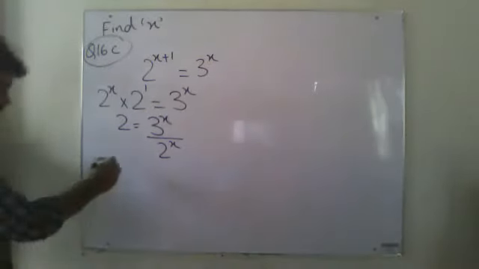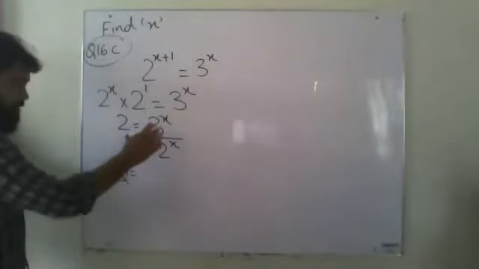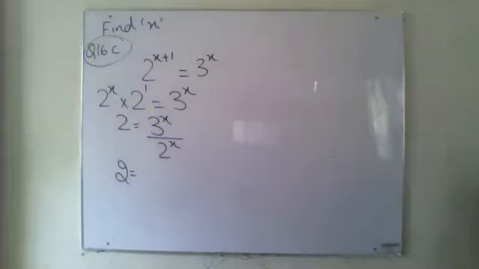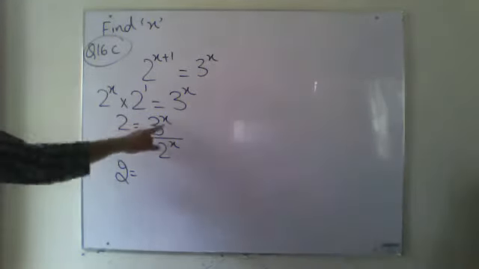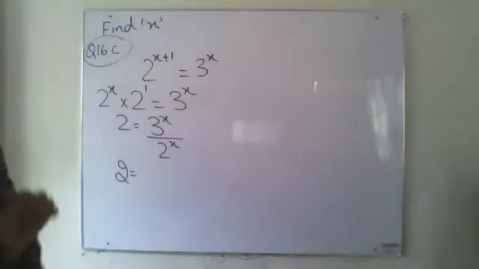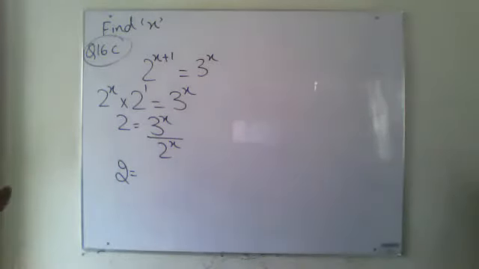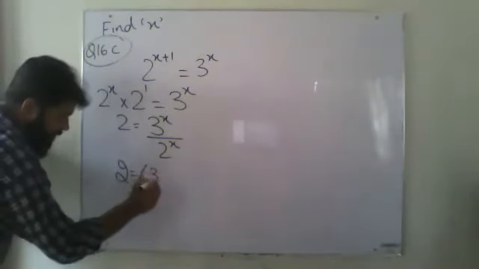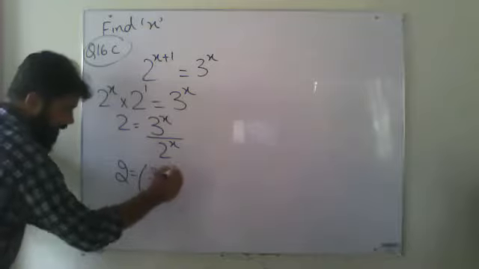Okay, after this, 2 equals to, on different bases which are written in the division form, the powers are same. Powers are same, bases are different, and bases are in division form. So what I can do, I can write it like 3 over 2 whole power x.